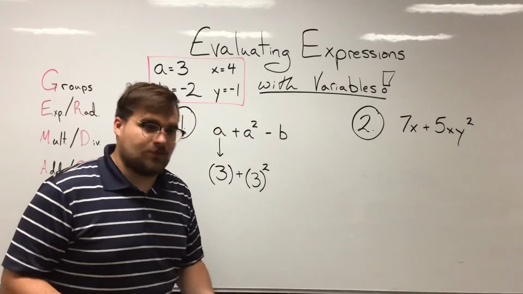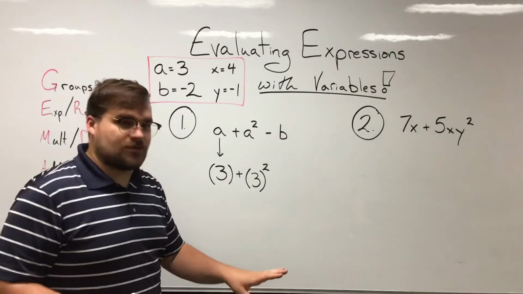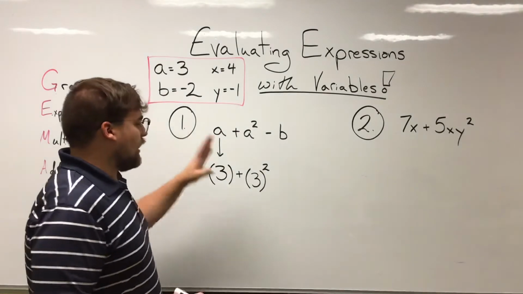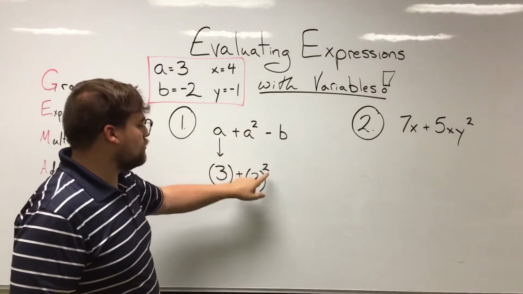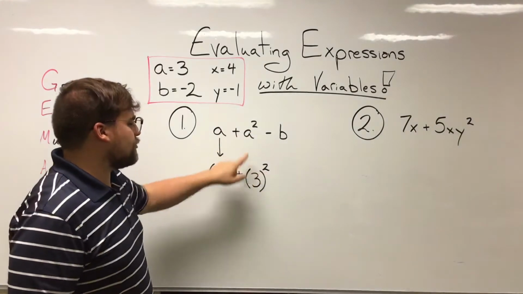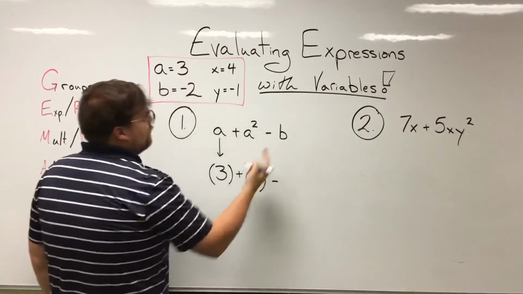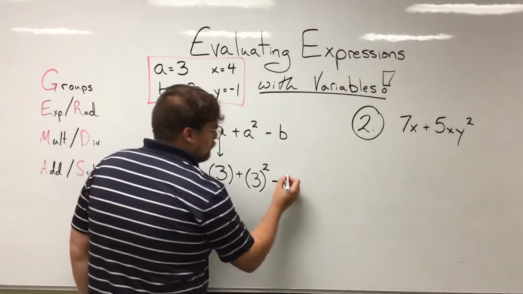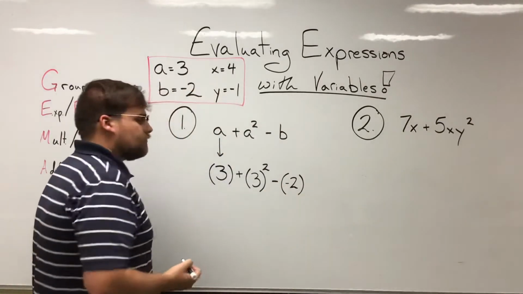Everything else around it stays there, goes on the outside of the parentheses that we're putting our substituted number in for, and will be transferred over to our new equation. So this 2 just transfers right down there because we're just replacing that a. Now finally, we have a b show up, and b says it's equal to negative 2, so I'm going to put that in parentheses as well.